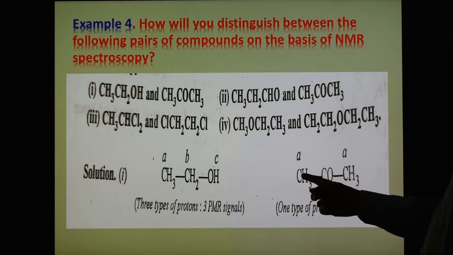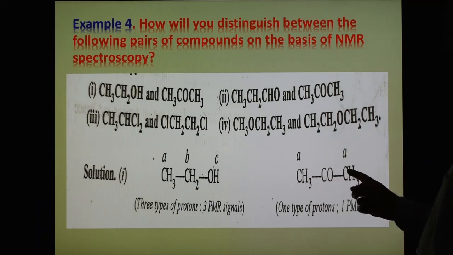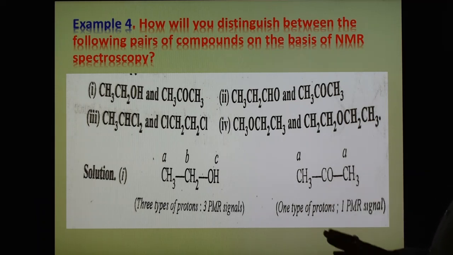Here this is acetone, CH3COCH3. These two methyl groups are equivalent, so the protons are all similar, and there is only one type of proton. Therefore this compound shows only one PMR or NMR signal. Now in the case of the second pair, there are different types of protons present.